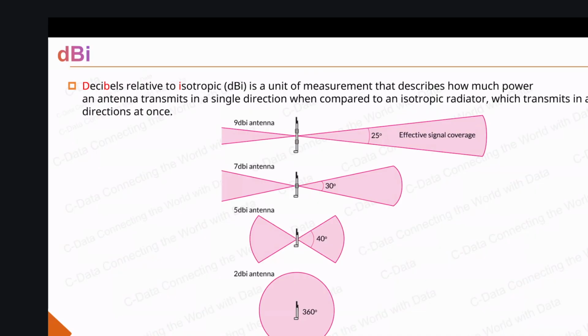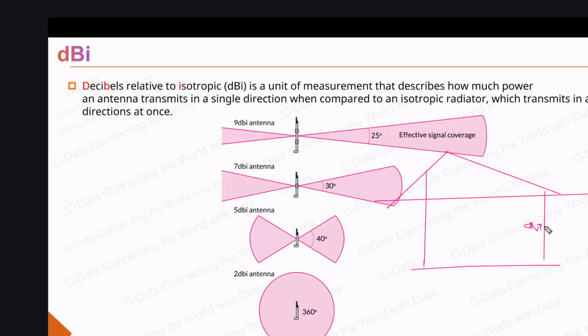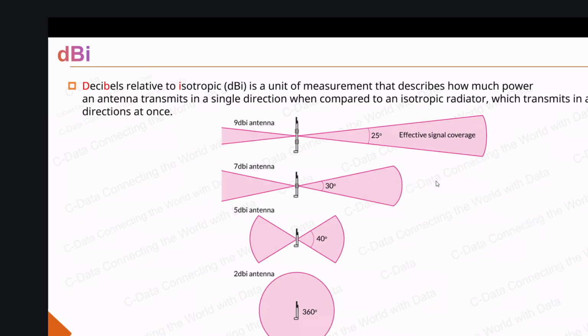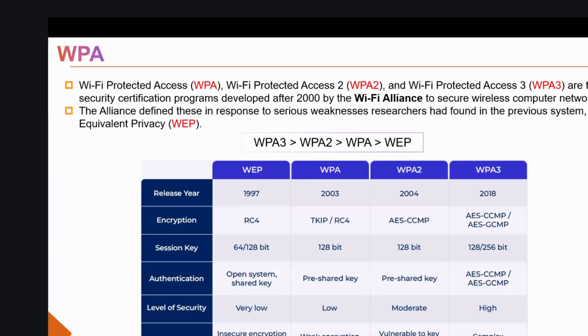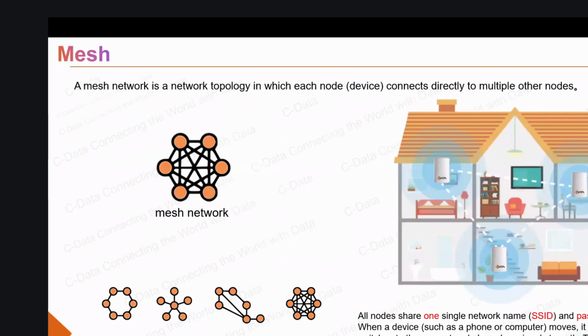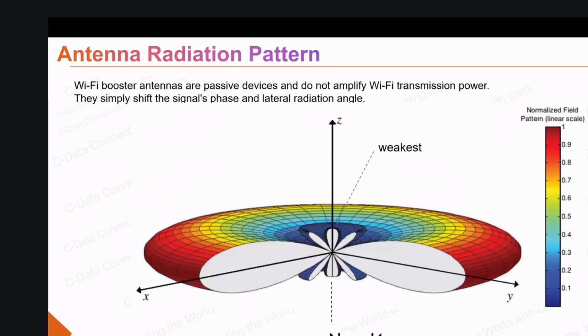So in the home, we usually put the ONT in the middle, or in the middle higher position, and then it can send the signal.